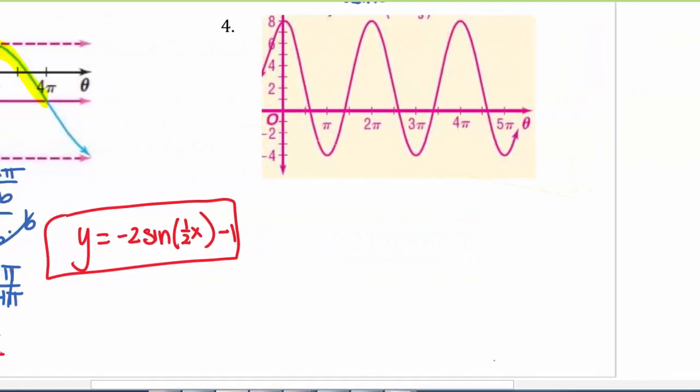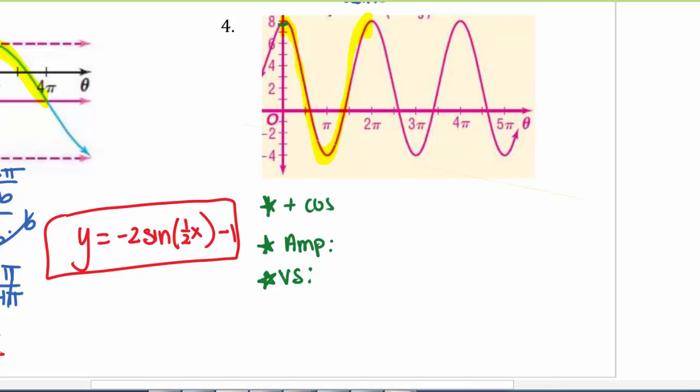Okay, so let's do number 4. So this one, my x values again start at 0, but they start at the top at 8, come down, and they reach 8 again. And that to me looks like a positive cosine. I need my amplitude, and I need my vertical shift. So they haven't drawn the midline for us, so we have to find it.